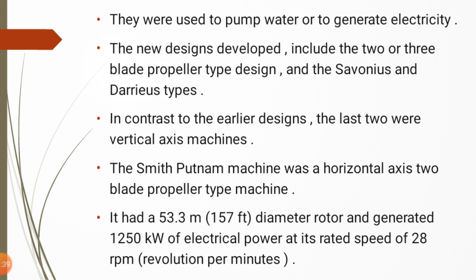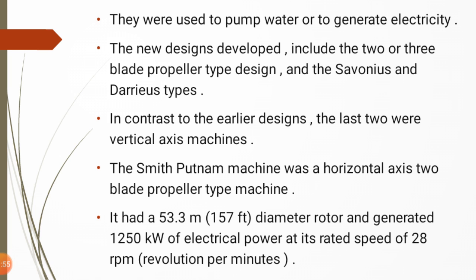Savonius and Darrieus types are vertical axis machines, while the propeller type design is the horizontal axis wind machine.